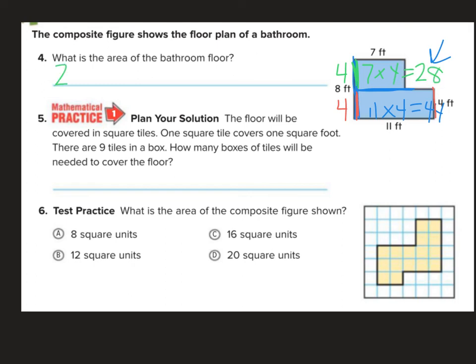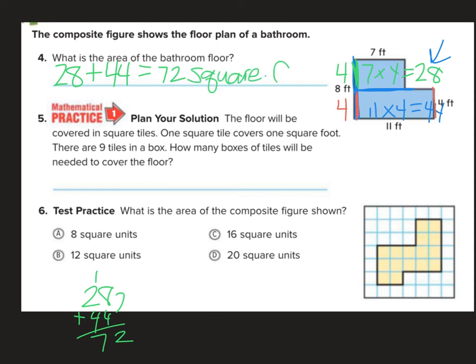So now I'm going to add 28 plus 44 to figure out what is my area. 28 plus 44. 8 and 4 makes 12. 4, 5, 6, 72 equals 72 square feet.